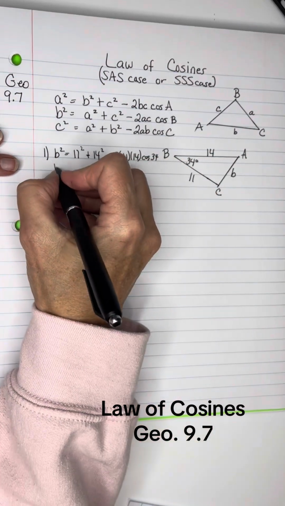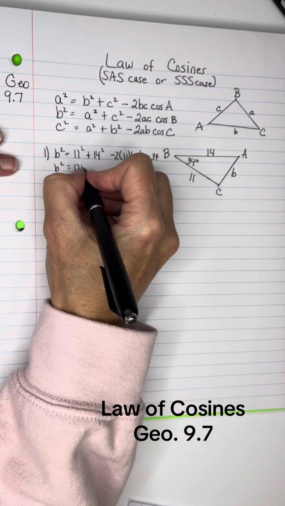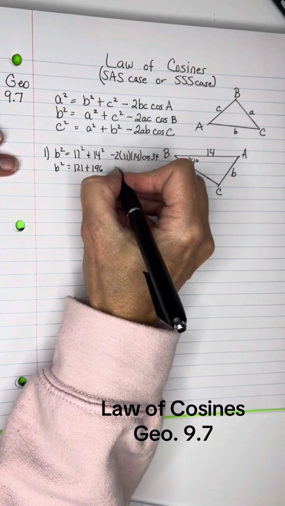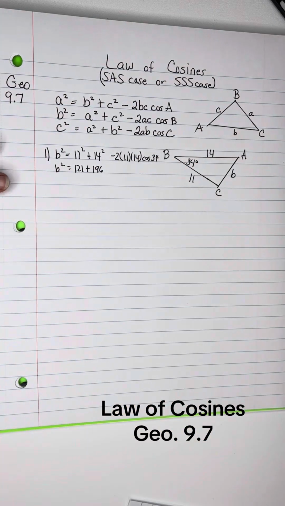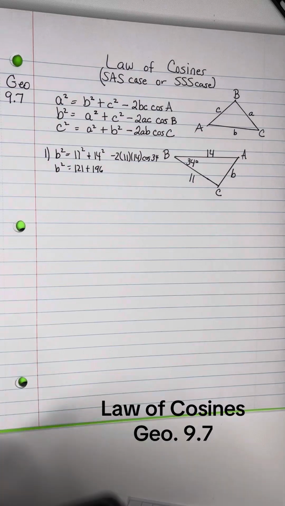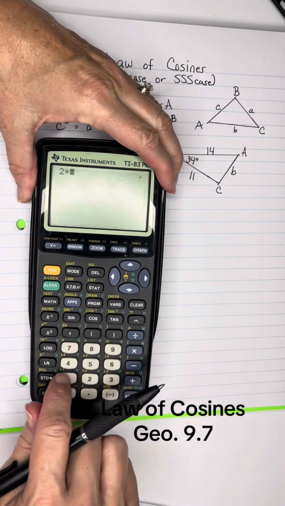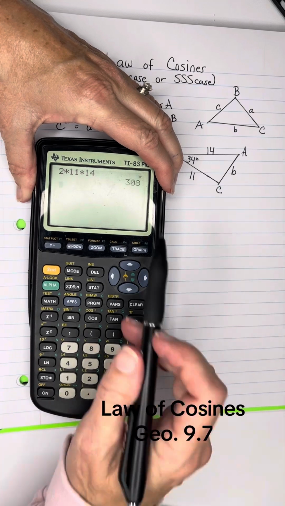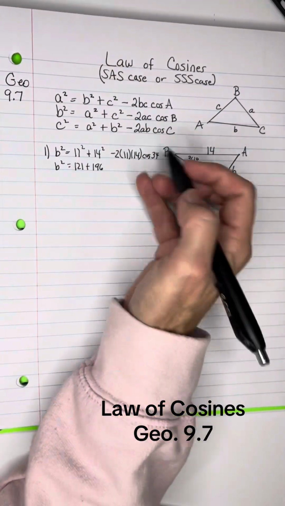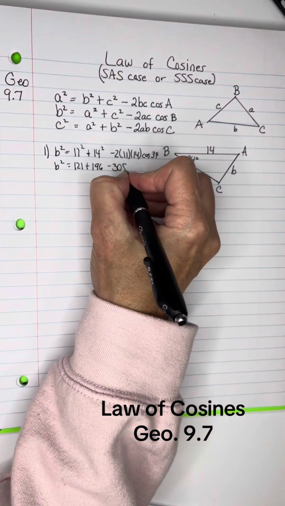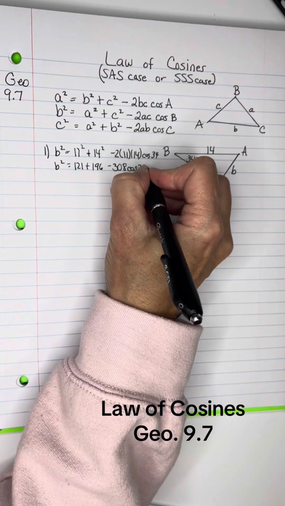Okay, so B squared equals 121 plus 196, and then multiply negative 2 times 11 times 14. So 2 times 11 times 14 is 308, and it will be negative. So negative 308 cosine of 34.